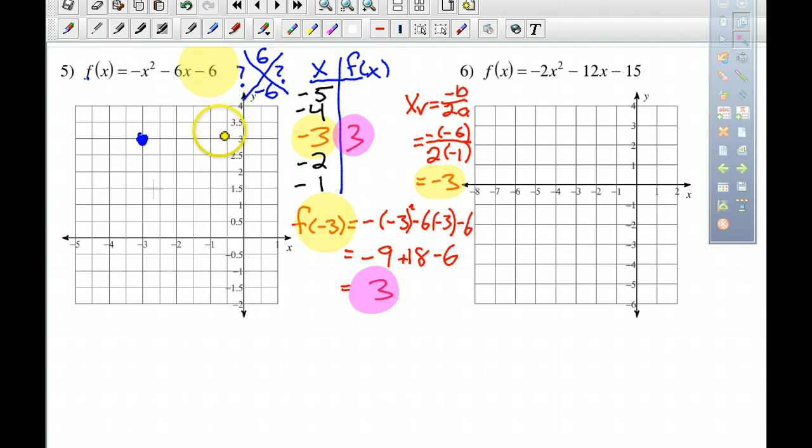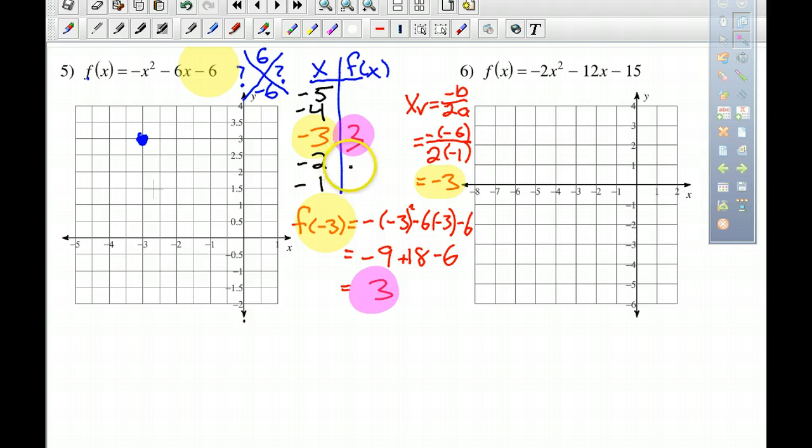You'll notice there's no negative 6 on the y-axis, so we can't really use our y-intercept in this problem. This problem really shows why you need the table. We don't have any solutions, any x-intercepts, or a y-intercept. All we have is the vertex. So unless we make a table, there's no way we can graph this.